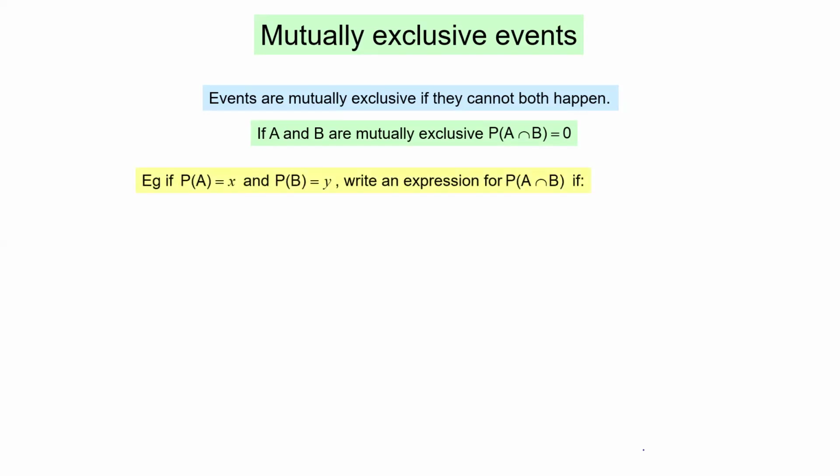Now, if A is X and B is Y, write an expression for A intersection B when A and B are independent. So now try this. Okay, just a second. So wouldn't it be 0 because they're mutually exclusive?